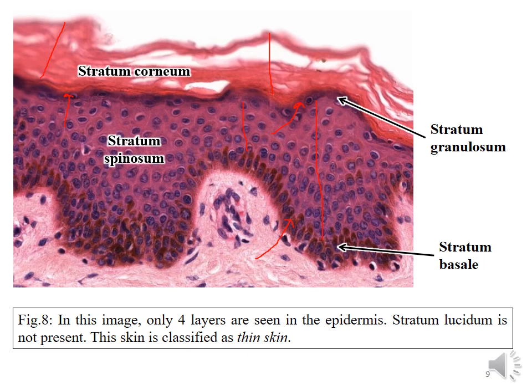As you can see, we don't have stratum lucidum here. This means that this is a section through thin skin. So in thin skin, the epidermis is formed of only 4 layers, we don't have the stratum lucidum, and in addition, the epidermis is thinner than in the case of thick skin.